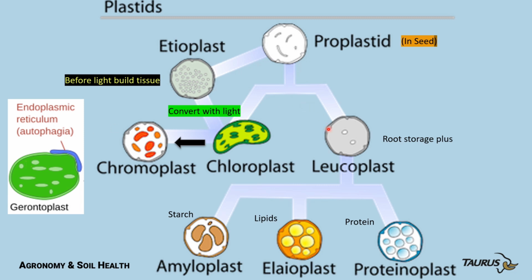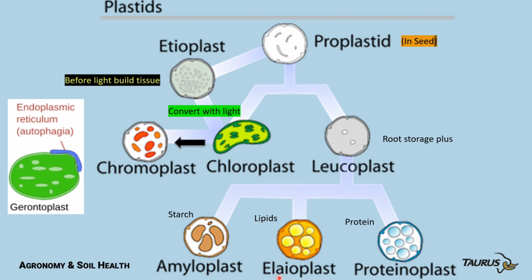In the meantime, there's a group called leucoplasts here, which are root storage cells and seed storage cells. And those have to be built in the plant as the plant is approaching, for example, maturity here. The amyloplasts are where wheat plants store starch, and I'll cover that in the wheat series.